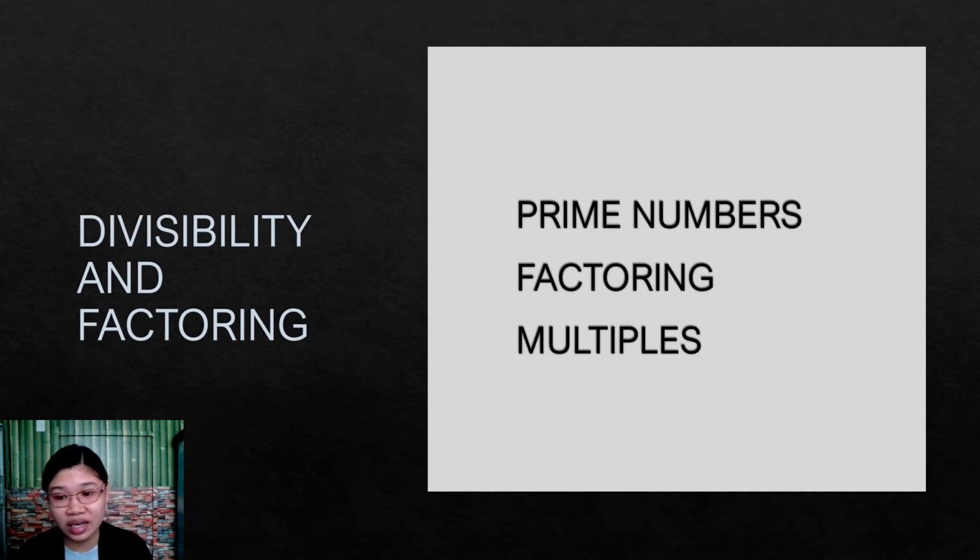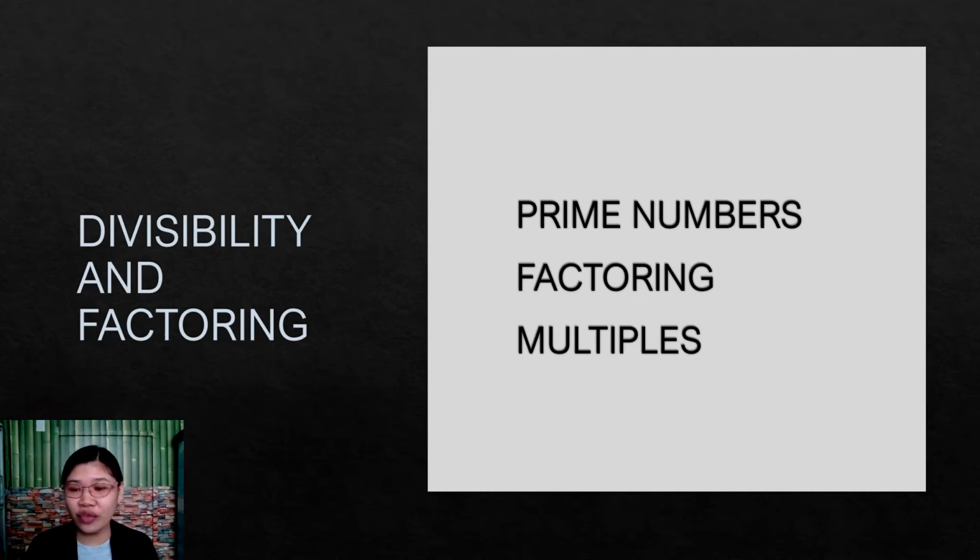And then 3, the divisors are 3 and 1. 5, the divisors are 5 and 1. So we have 7, 11, 13, 17, 19, 23, 29, and so on and so forth. And then, by definition, 1 is not a prime number.